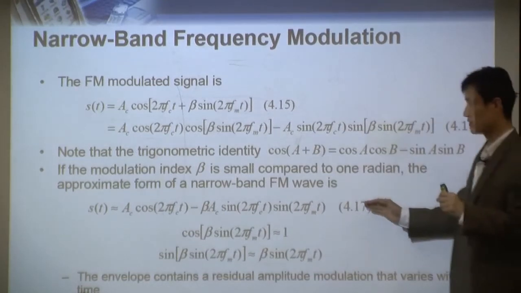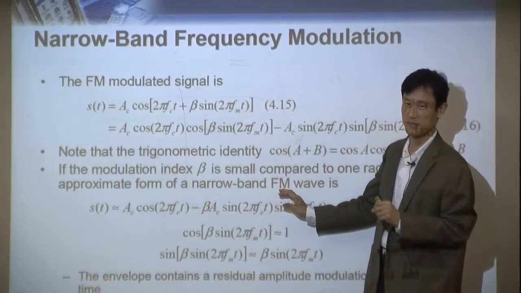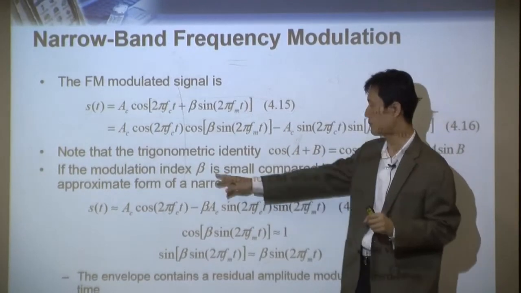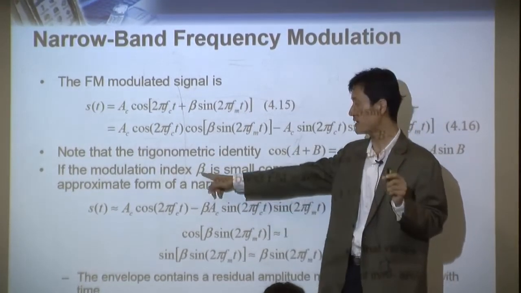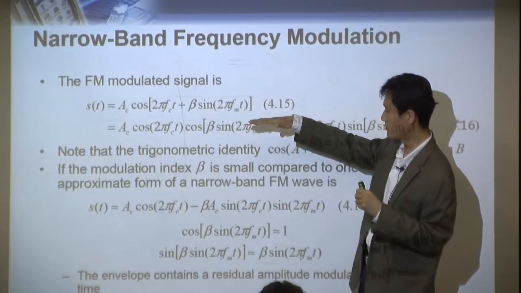This is only true for narrowband FM. Why? Because we assume that beta is small. Only when beta is small can we approximate from this to this.